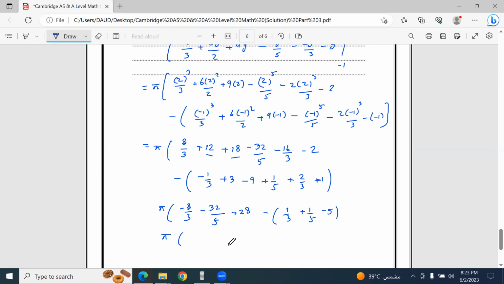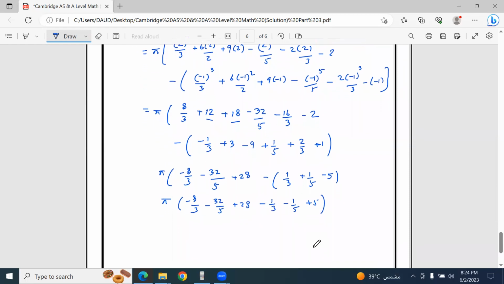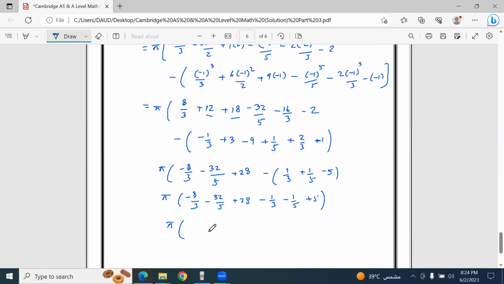One more step: minus 8 over 3 minus 32 over 5 plus 28. We can multiply the minus inside: minus 1 over 3 minus 1 over 5 plus 5. And next step, pi times minus 8 minus 1, minus 9 over 3, and minus 32 minus 1, minus 33 over 5, and 28 plus 5 gives us 33.